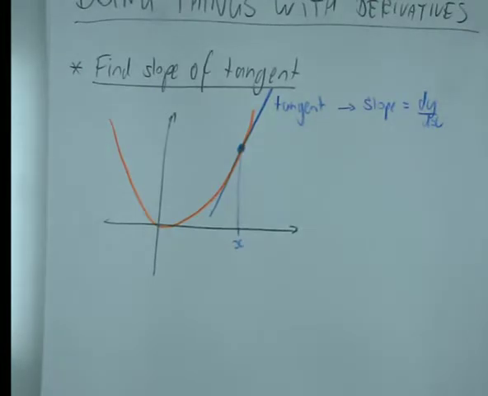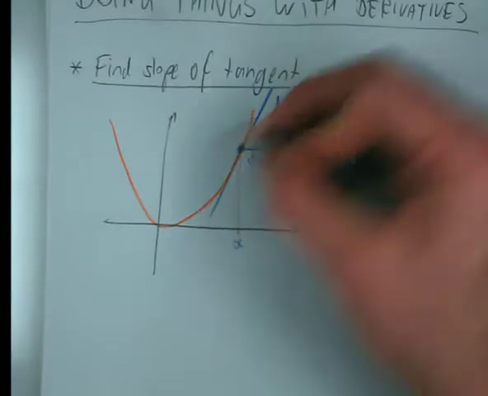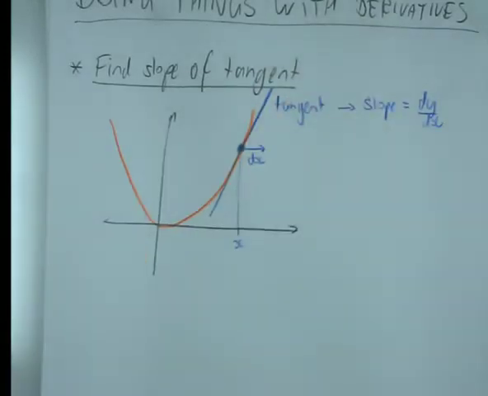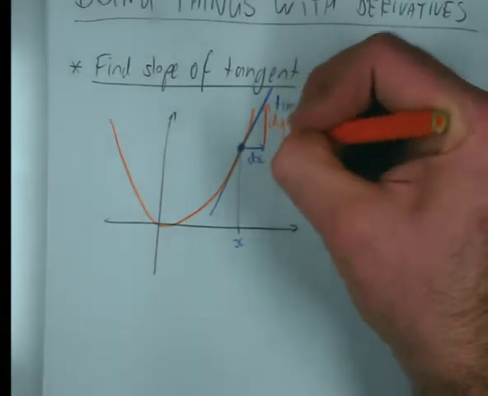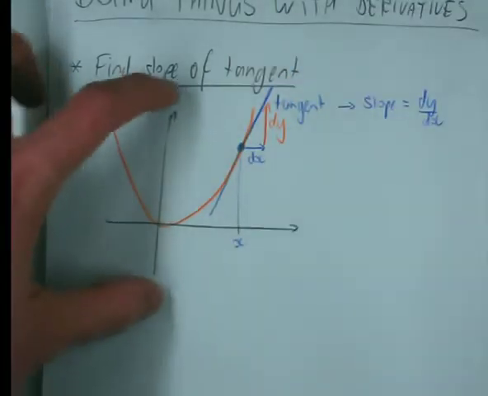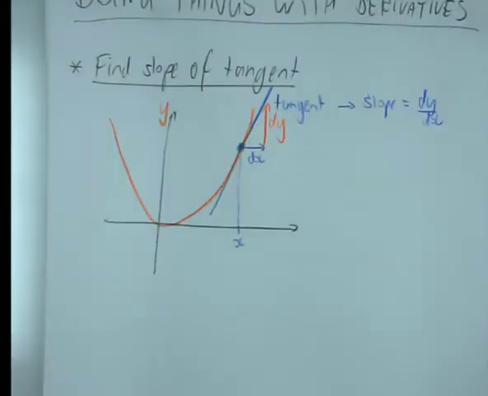And the reason the slope is dy on dx is that if we go a little bit with the x's here, a change like that of dx will force a matching change in y of dy, right? I know that because I've oriented my y's upwards, changes in y are up and down, and changes in x are left and right, so the slope of this line must be dy on dx.